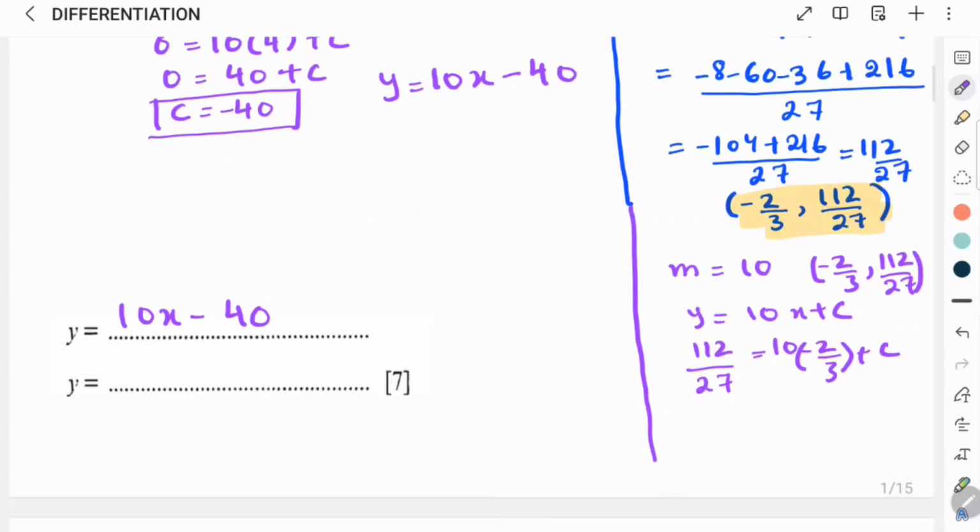Okay, so take it to one side and take the LCM. c is equal to 112 upon 27. It's 20 over 3 with a minus sign, it will become positive 20 over 3. Take the LCM and multiply by 9. And then it will become 112 plus 9 times 20 is 180, over 27. Then you get 292 over 27.